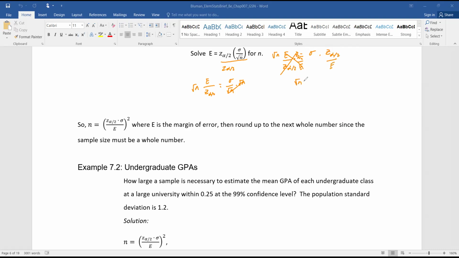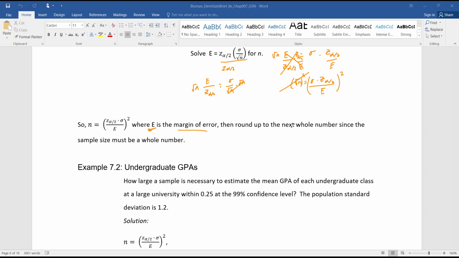So the square root of n is equal to sigma times z alpha divided by 2 over E. And then after that, to get rid of a square root, I just square both sides. So there is my equation, as you can see here. So it's the z alpha divided by 2 times my sigma divided by my margin of error, all squared. Again, E is the margin of error here.